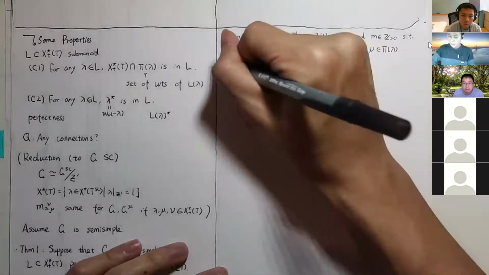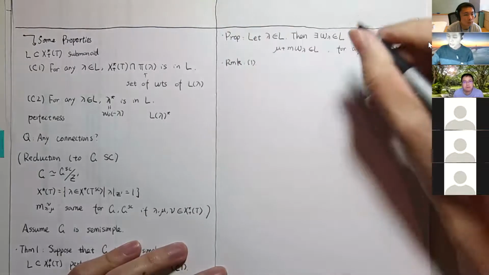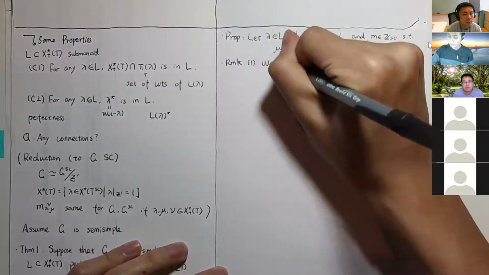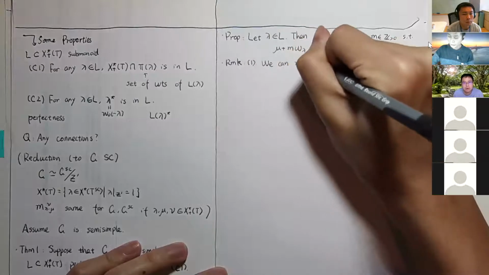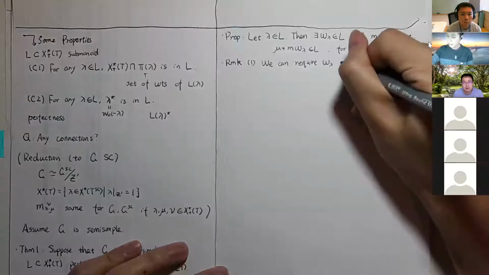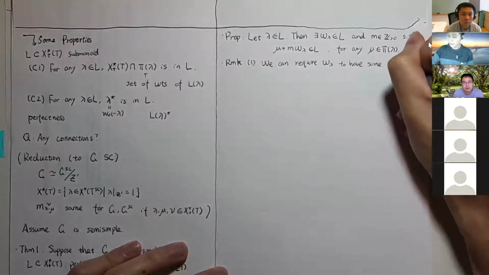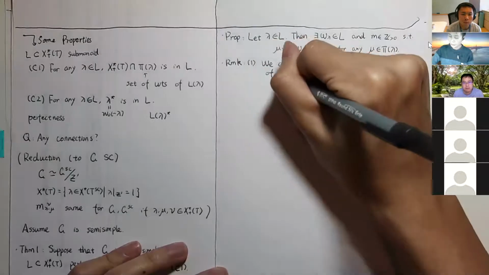So let me make some remarks on this proposition. First, actually we can further require this omega lambda to be somehow nice, that means to have some sort of regularity, and I will explain this later.